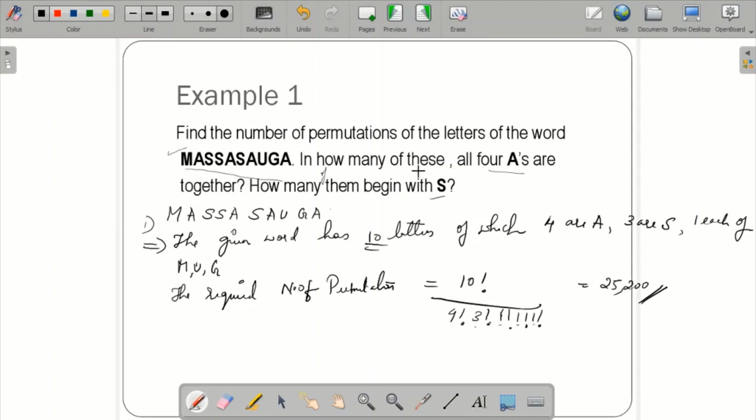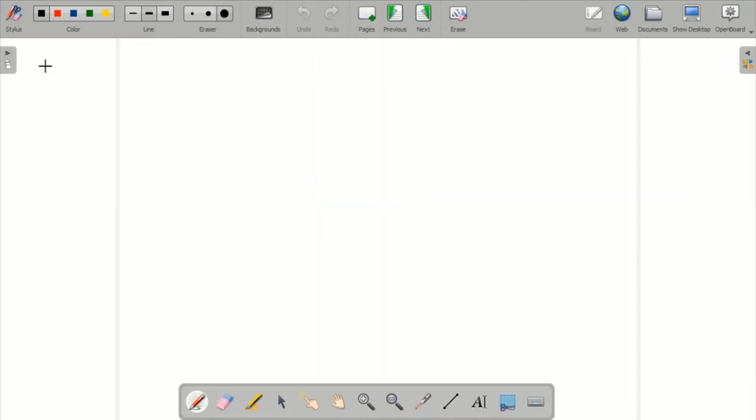Next, in how many of these are all 4 A's together? I'll try to solve this on the next page. I'll just write the word as it is: M, A, double S, A, S, A, U, G, A. So this is the word, 1, 2, 3, 4, 5, 6, 7, 8, 9, 10.